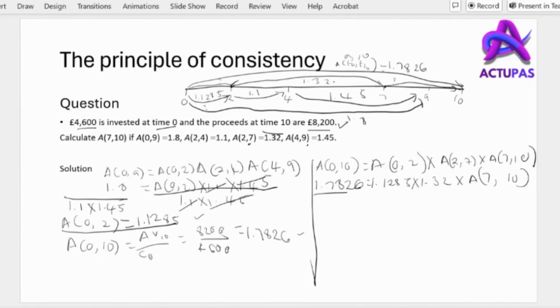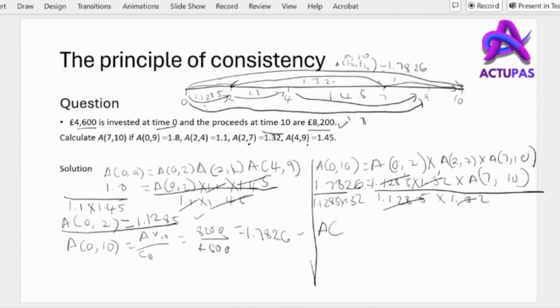Then divide both sides by 1.1285 times 1.32. These will cancel each other. This is 1, this is 1. So that right hand side, we move it to the left.